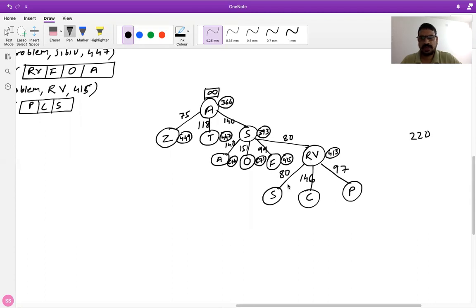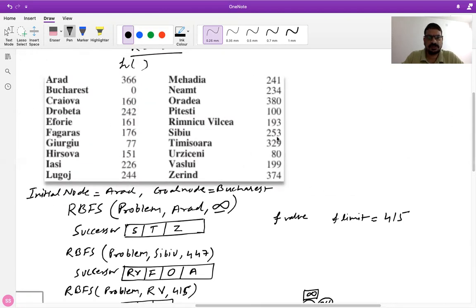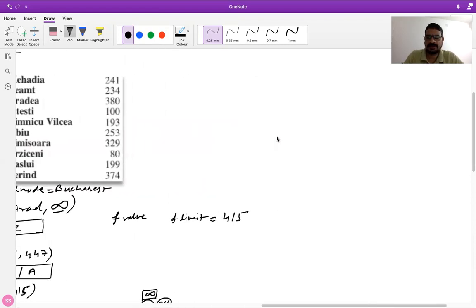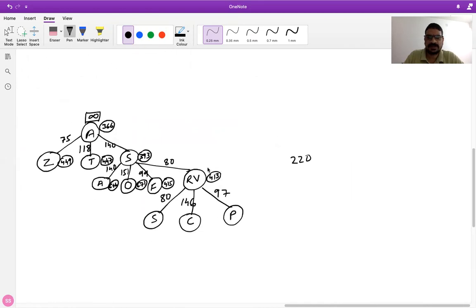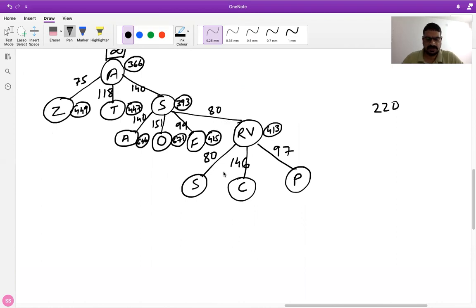Now 220 plus 80 is 300. From Sibiu the heuristic is 253. 300 plus 253 becomes 553. Is 553 greater or 413 greater? Definitely 553 is greater.